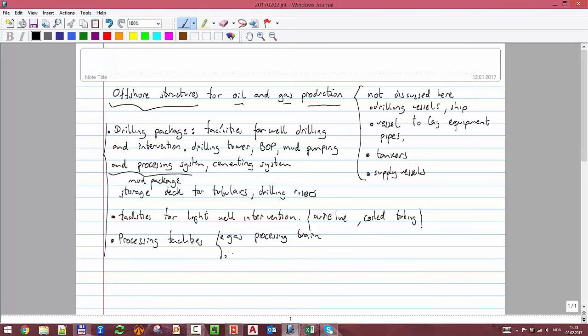But gas processing train, oil processing train, or really oil, what we call last class oil, or the separation train. Okay. Water processing train, polishing unit. Okay.